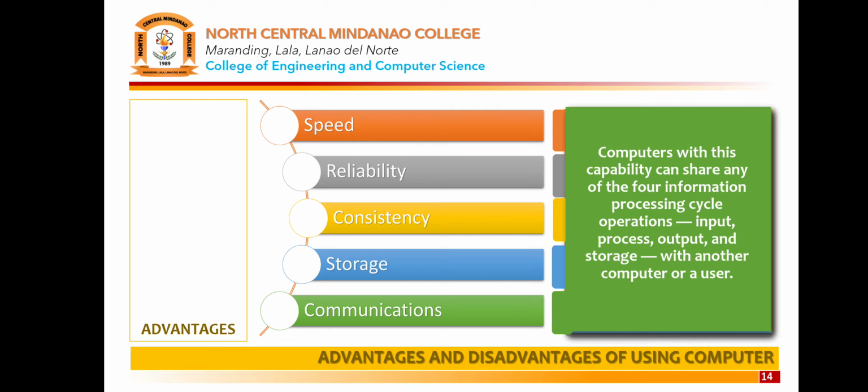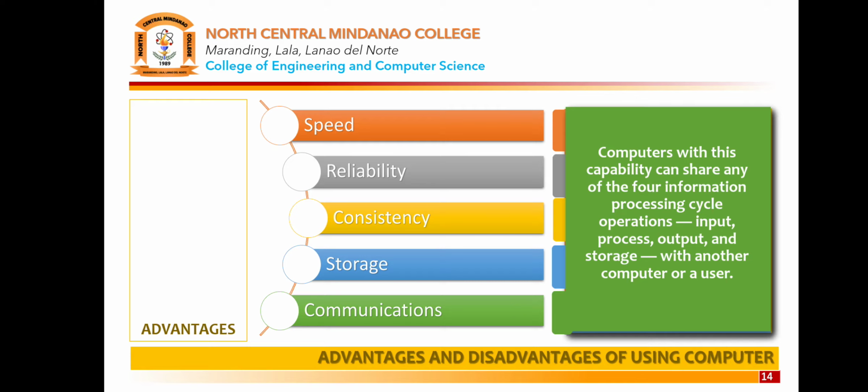Okay, and computers have this capability where they can share information. This involves the process, or what we call the processing cycle operation. Now we have input, process, output, and storage with another computer or user.